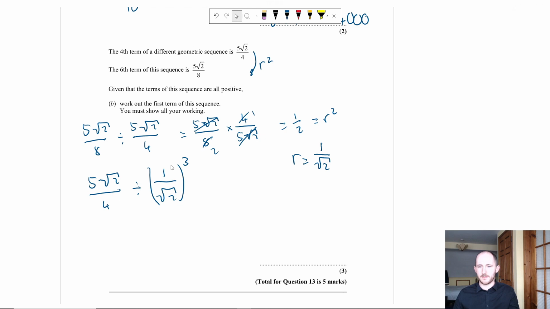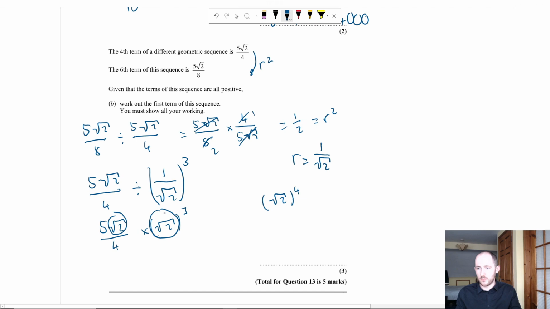Now we need to do is solve this. When we divide, we keep flip change. So we're going to flip the second fraction. So we get 5 root 2 over 4 multiplied by essentially just root 2 cubed. Now what we have here is we have root 2 times root 2 cubed, which is effectively just going to be root 2 to the power of 4.